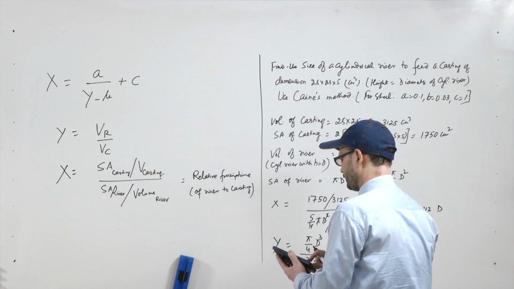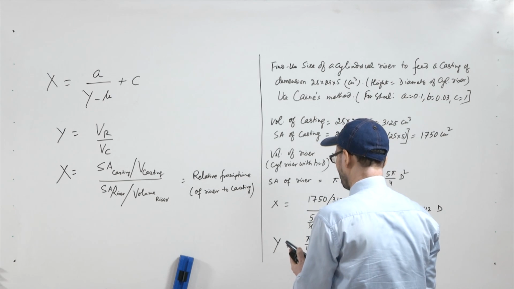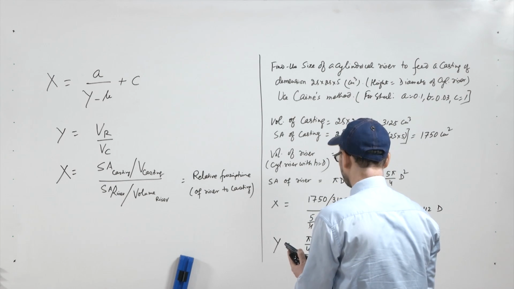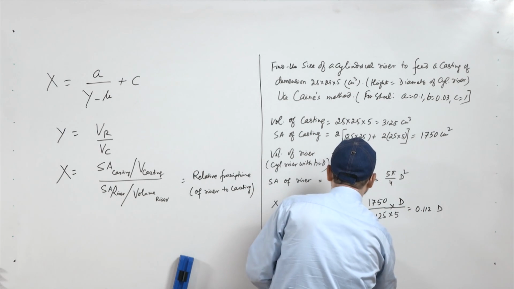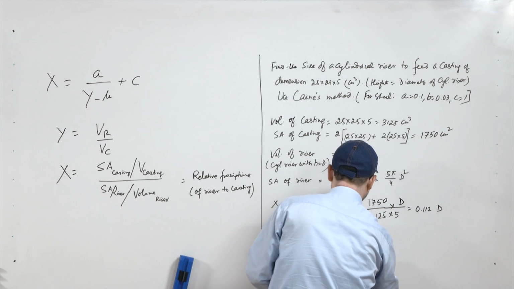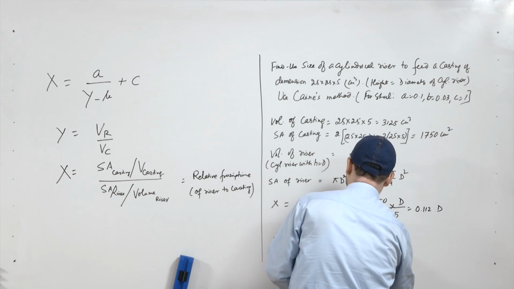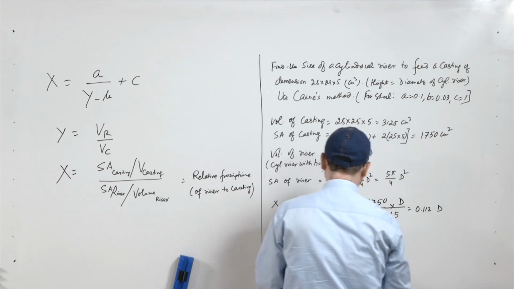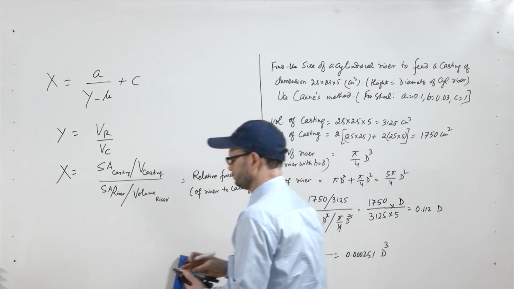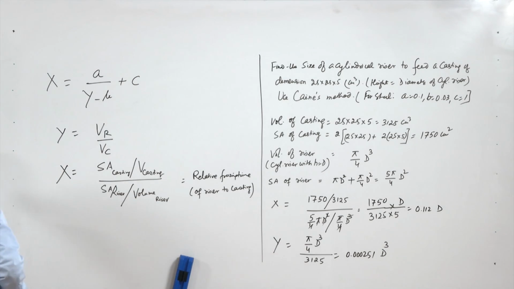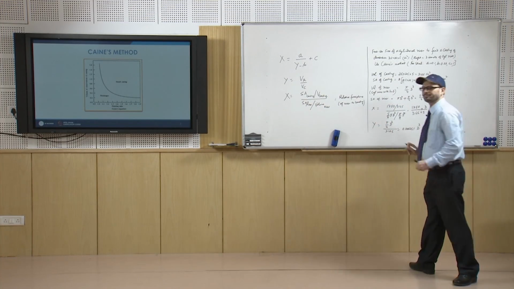So, it will be 3.14 divided by 12500. So, it will be 0.0000251 multiplied by d cube. So, this is how you get this value of x and y.